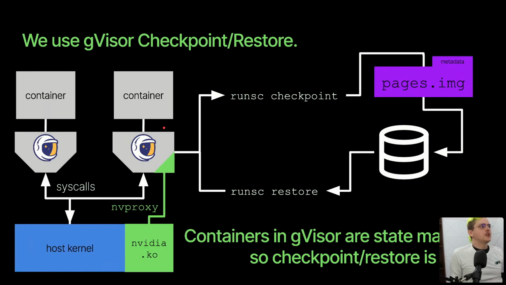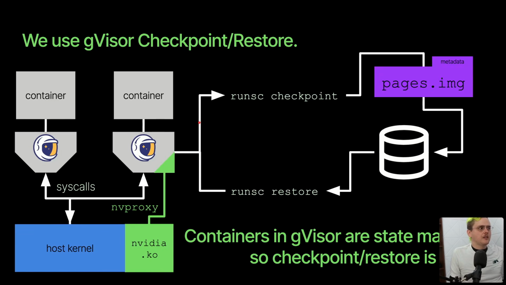So the technology that we use is gVisor's checkpoint restore. So we use the gVisor runtime, runsc, instead of the Docker runtime, runc. And the key thing with gVisor is it emulates the Linux kernel in user space and offers a limited syscall interface, so fewer syscalls than the host kernel supports.